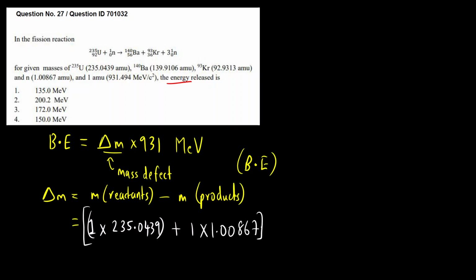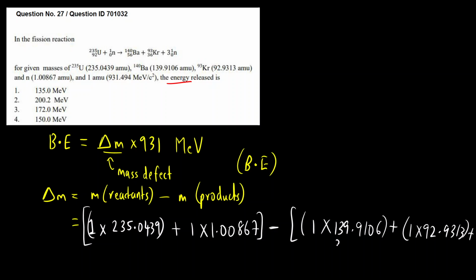1.00867 minus we have 1 barium. So 1 into atomic mass of barium is 139.9106 plus krypton, it is 1 into 92.9313. Last one is important. There are 3 neutrons.